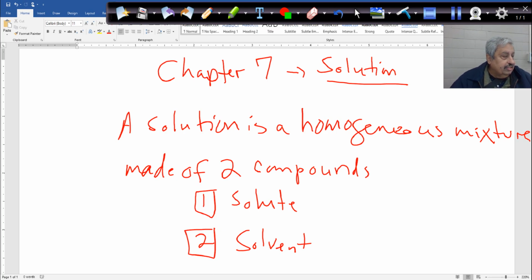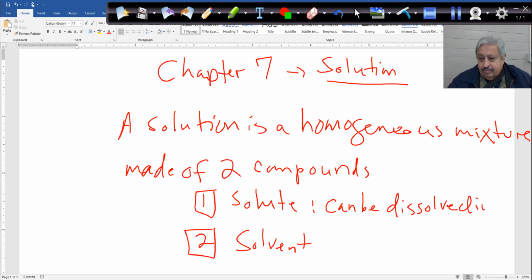And its amount is very limited, a small amount, not that much. It can be dissolved in the solvent, and it has a limited or small amount.